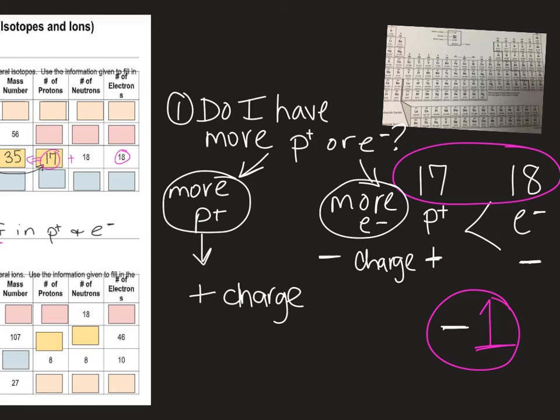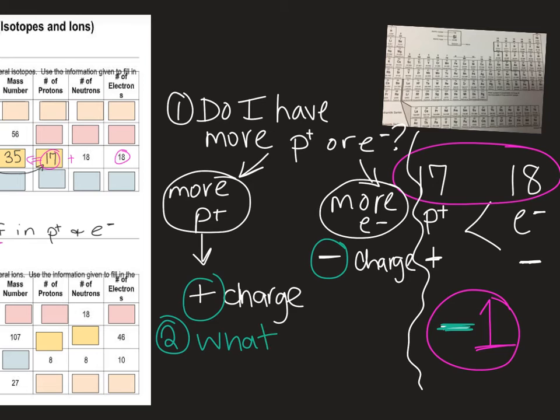So this first question is just to figure out, do I have a positive charge or do I have a negative charge? Once you've done that, draw your charge out. So for ours, we found we had a negative charge. Now you can go to what is the difference in quantity.